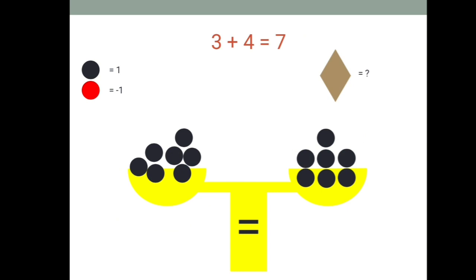Yes, the scale becomes balanced again. So it can be concluded that an equation or equality has the same property as the scale, in which the left hand side and the right hand side should have the same value.